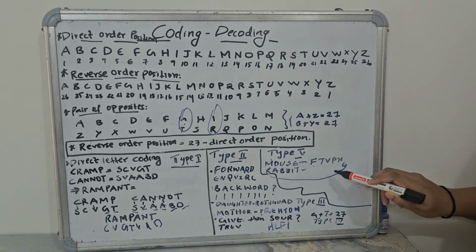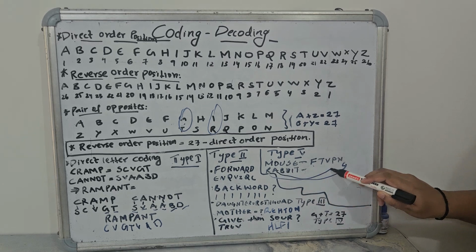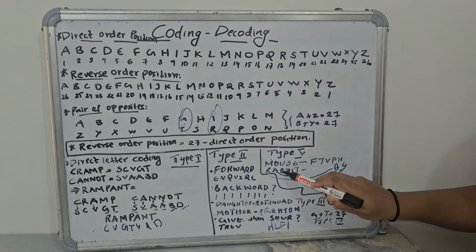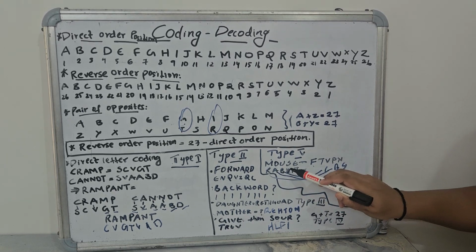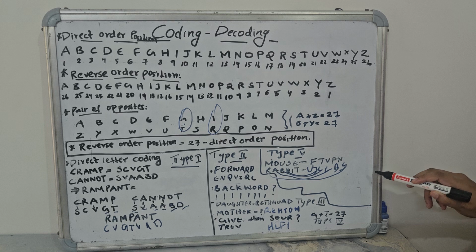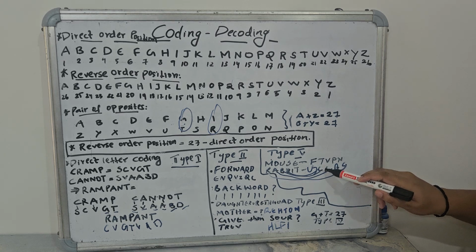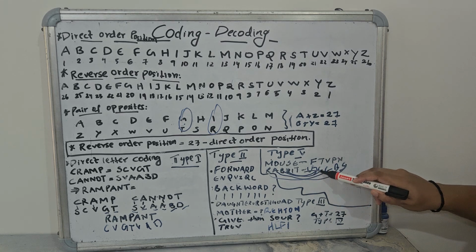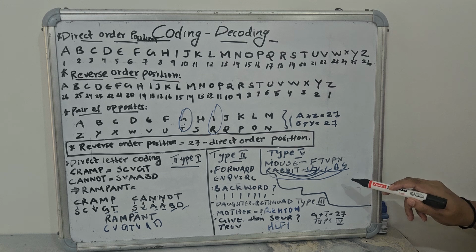R plus 1 is S, A is B, B is C, I is J, T is U. So the code will be U, J, C, C, B, S. It's just plus 1 in reverse order.